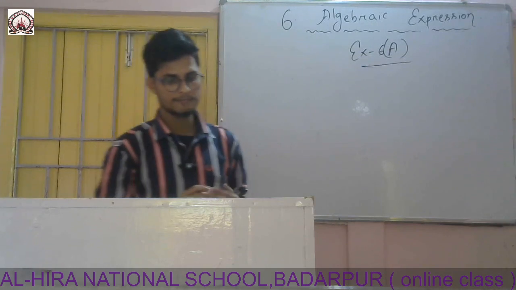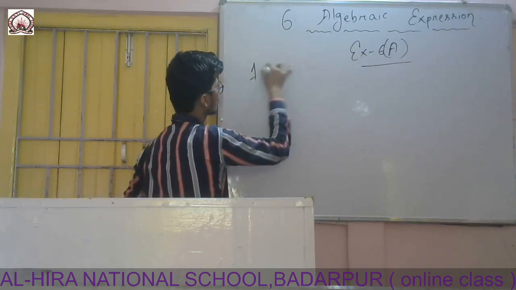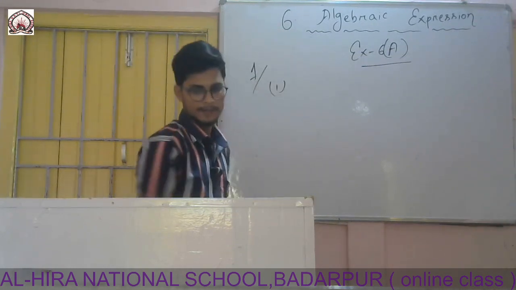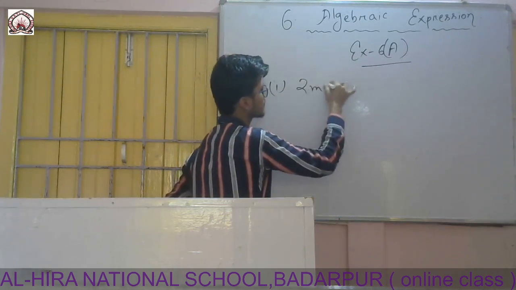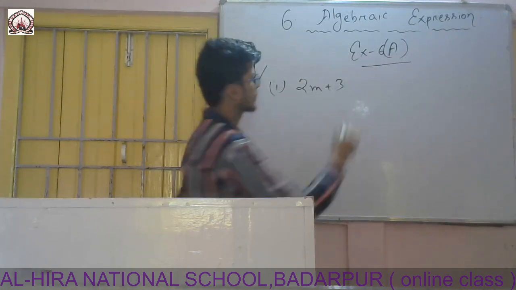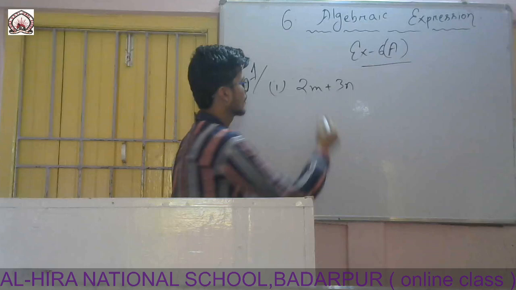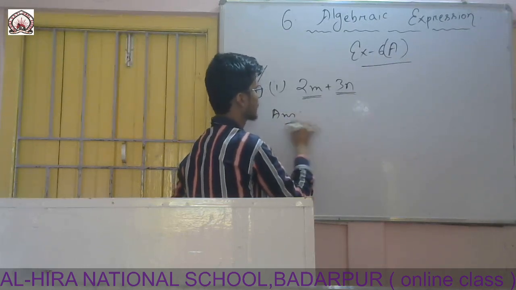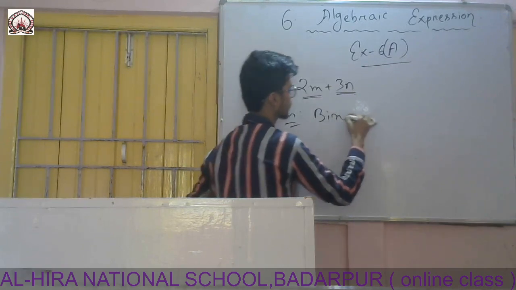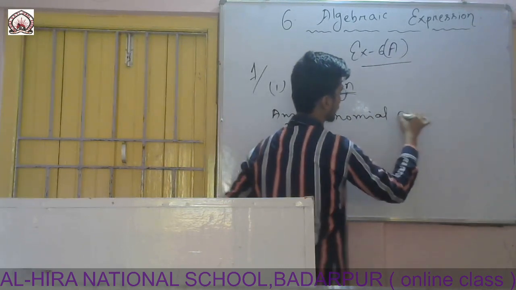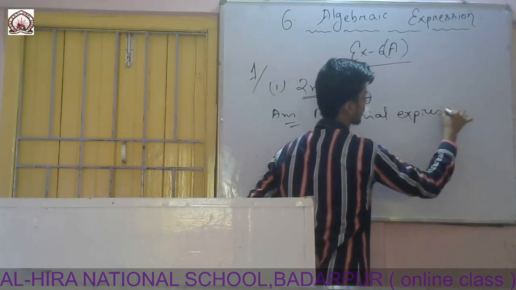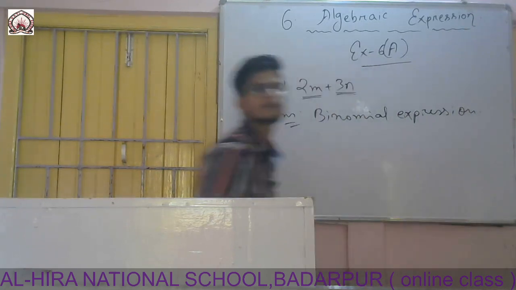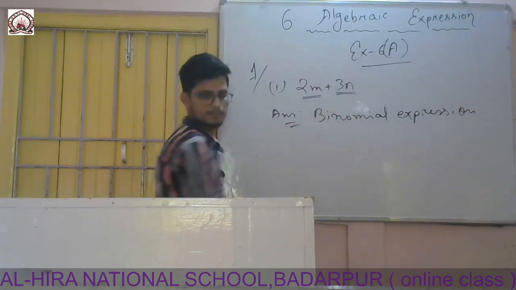So see, in first Roman number 1, question number 1, Roman 1, the question is 2m plus 3n. So here how many terms are there? Here it is one term, there it is another. That means it is a binomial expression, because there are two terms.